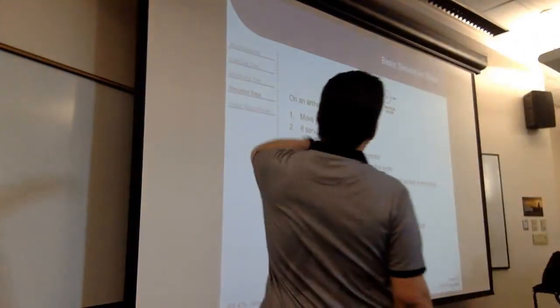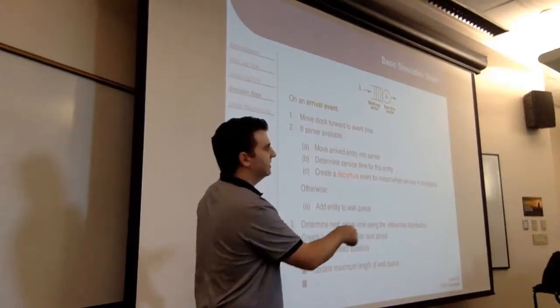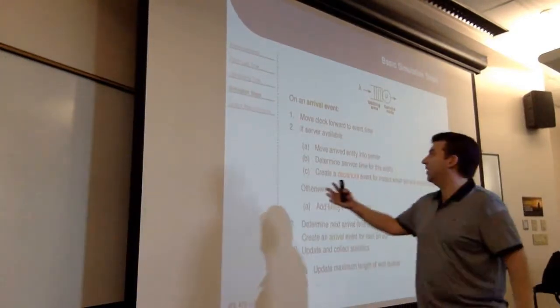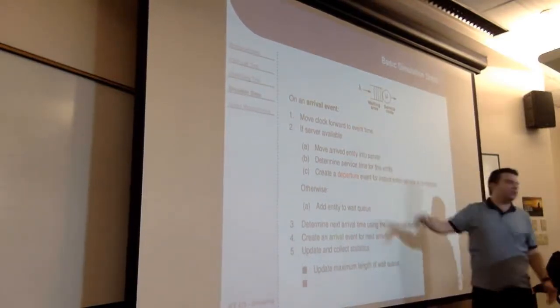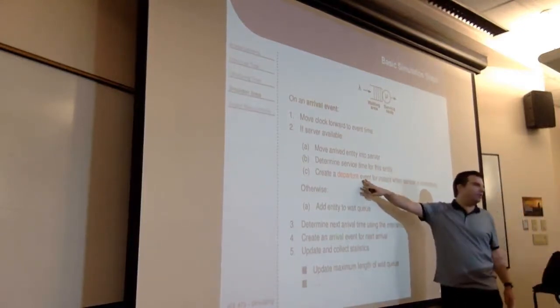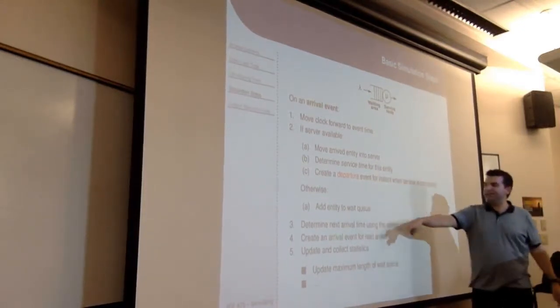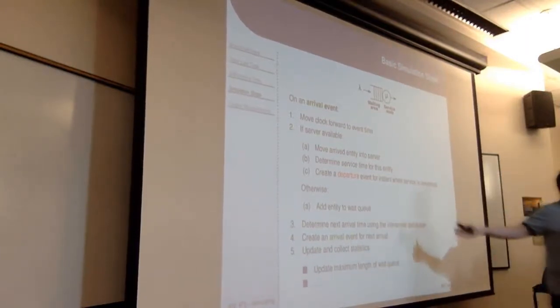And so if you happen to get an arrival event, then typically with a system like this, the set of rules are going to look like this, where you move the clock to that time. If the server's available, you move the entity into the server and you schedule the departure. Otherwise, you move the entity into a wait queue, and so you're done with that entity for now.